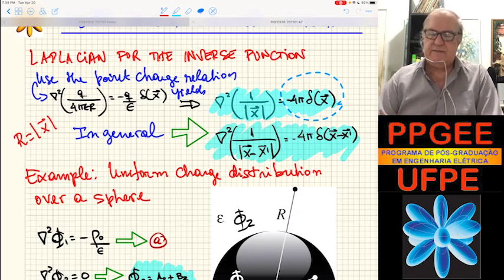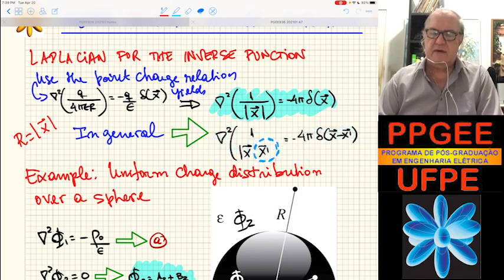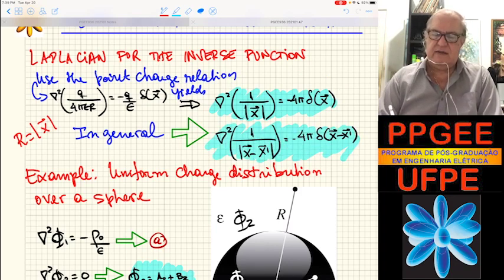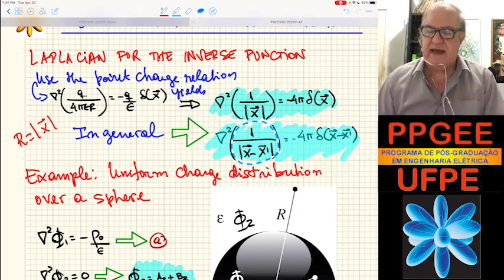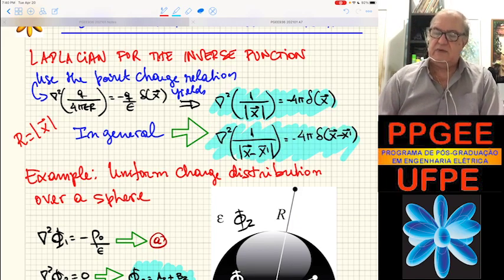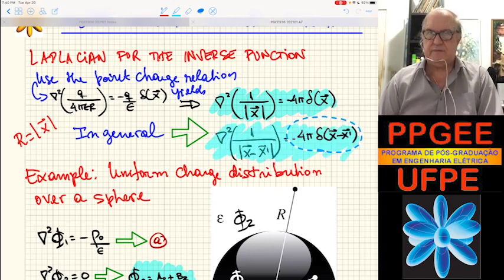If we shift the origin to x prime, we get this other result: the Laplacian of the inverse of the magnitude of x minus x prime equals minus 4 pi delta of x minus x prime. We can interchange the quantities here.